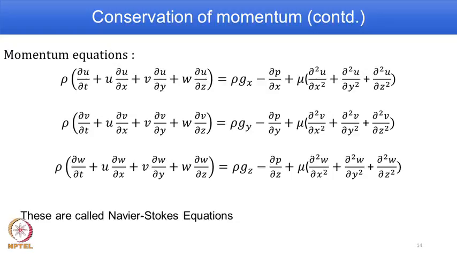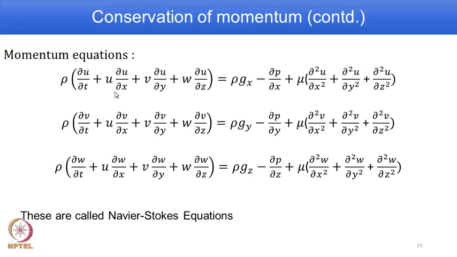Navier and Stokes are two scientists who independently developed these equations, and as a credit to them these equations are named Navier-Stokes equations. And you can again understand in this equation, if you take the left hand side, all the time derivatives, which are dou u by dou t, dou v by dou t and dou w by dou t, are called local acceleration.